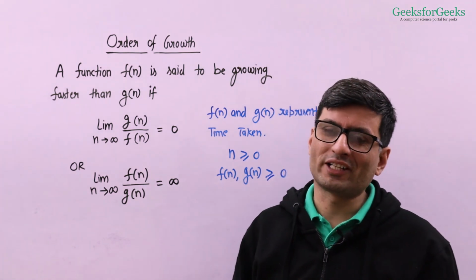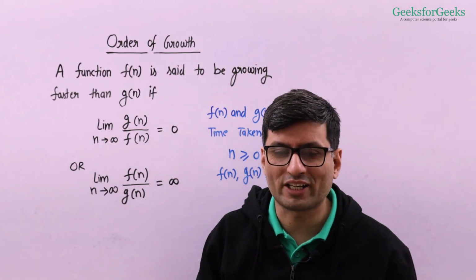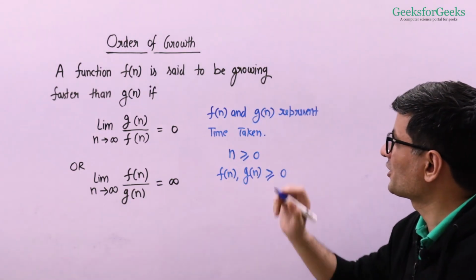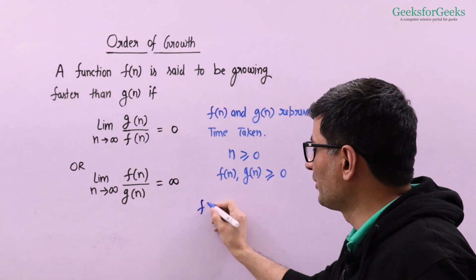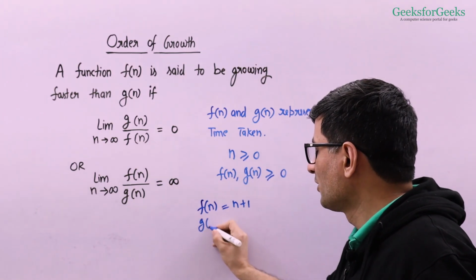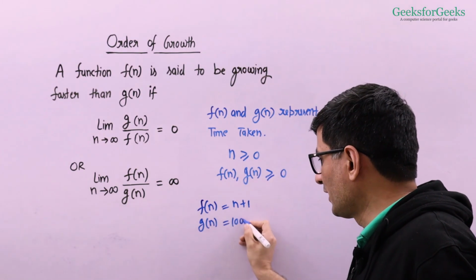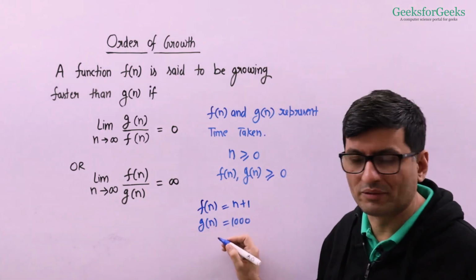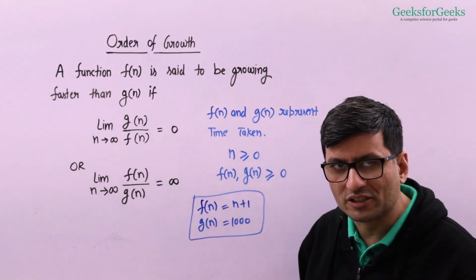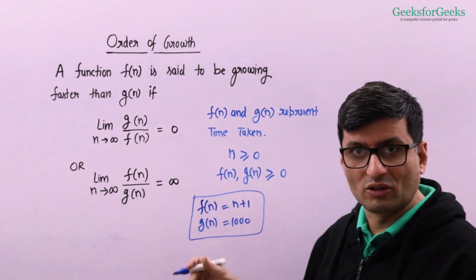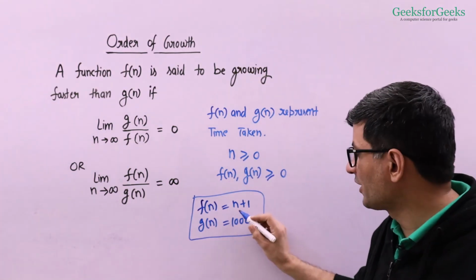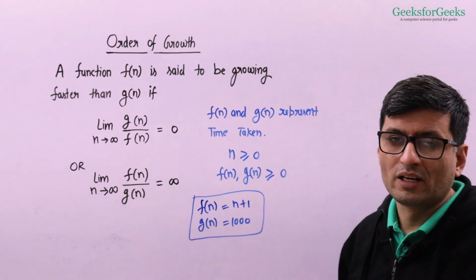You might be wondering that this might not give you a correct idea in a practical sense, right? For example, if there is a function f(n) whose value is n plus 1 and there is a function g(n) whose value is 1000. I'm taking the same examples that we took in the previous video. Let's say, not only machine reasons, the constants in the algorithms are higher. That's why you have the value 1000 here and n plus 1 here.